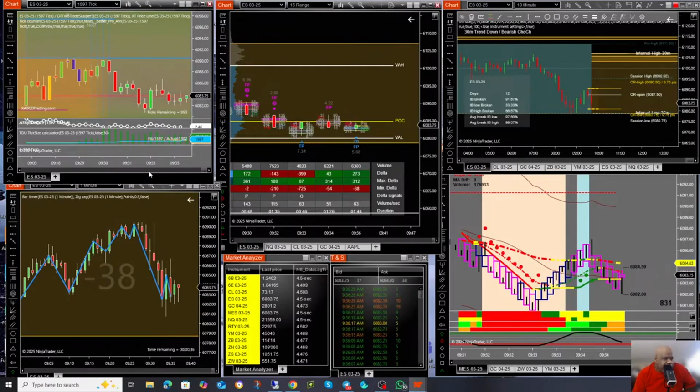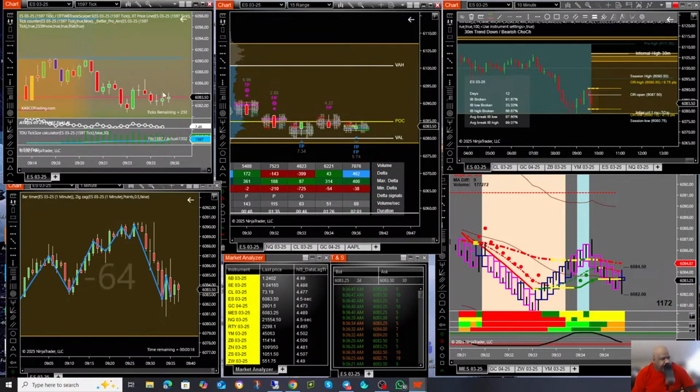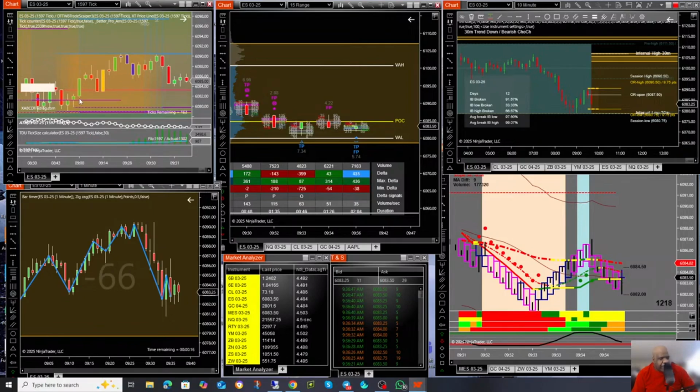Typically, when the market's open at like 1597, and it gets really volatile, it's probably gonna get to the 4000. That's like the equivalent of the 1 minute, but the tick chart is based on what's happening in the market, so I can see how fast. The tick chart allows me to be a little bit more nimble.